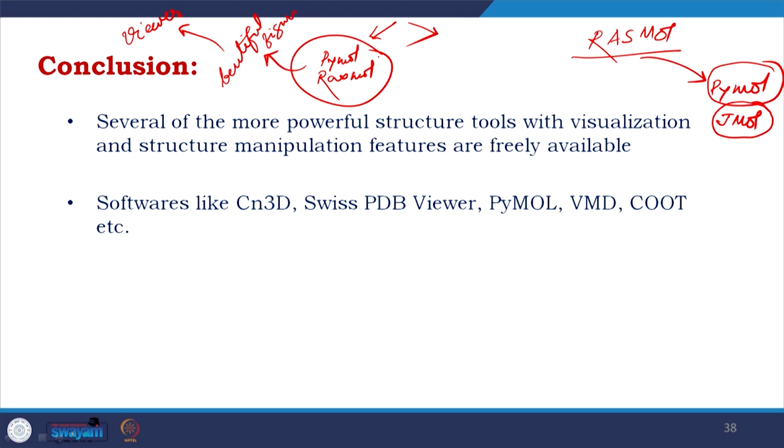And there is another set, like Frodo, Turbo Frodo, Tom, O, Coot. Here actually you could work on the structure. So, we call them builders. So, one is viewer type, another is builder type.